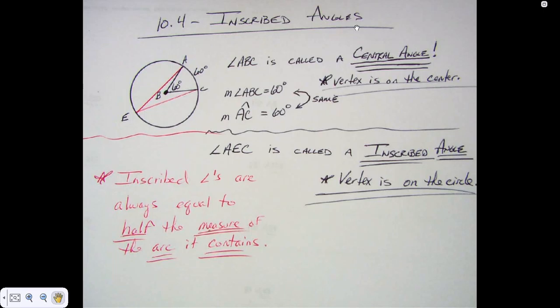An angle, in essence, looks like two arms grabbing something, doesn't it? And holding it in between. What arc is angle ABC holding? AC. That is the arc it contains. What arc is AEC holding? AC.